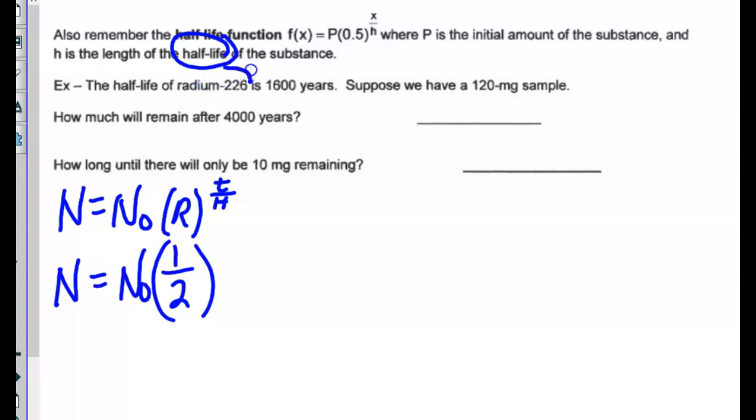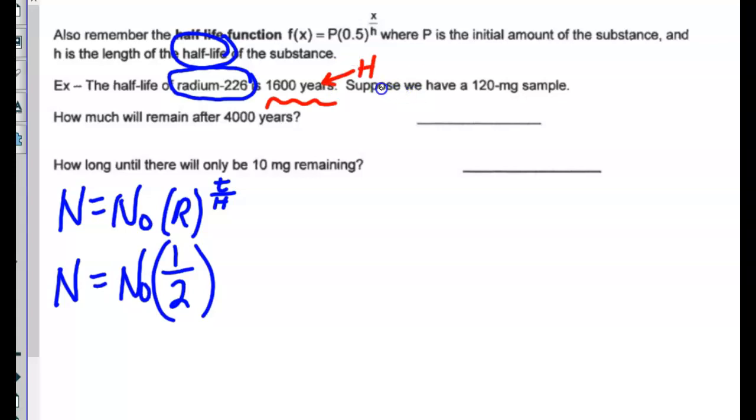Yes, this is the name of the element, okay? That 226 is not a number we're plugging in anywhere. Everybody good? Haley, you with me? Radium 226 is the name of it here, so we don't need that number. Okay. The half-life is, so where does that number go?